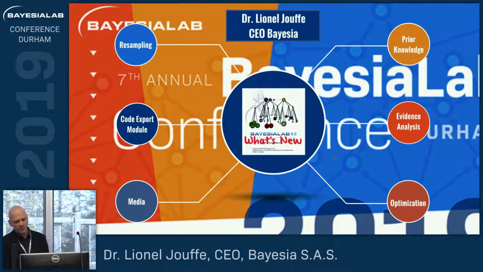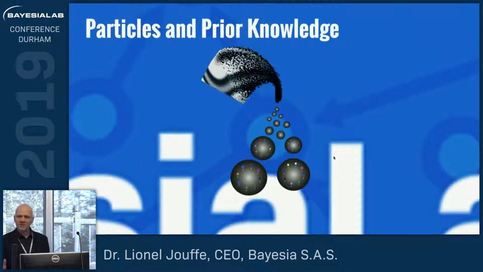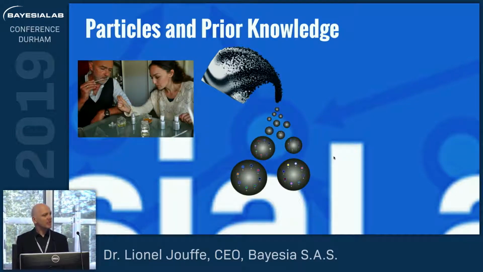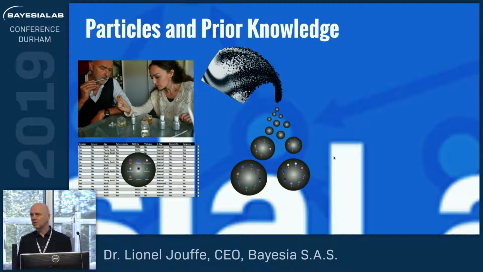Now let's switch to prior knowledge, which is something very interesting. And I'm sorry for those who are bothered with my particles, but here they are again. So you know, for me, a joint is populated by particles. A particle is one instance of your domain. Right? So it can be a patient, it can be a customer, what have you. And these particles, either you have access to them via expert knowledge, or via structured data sets.